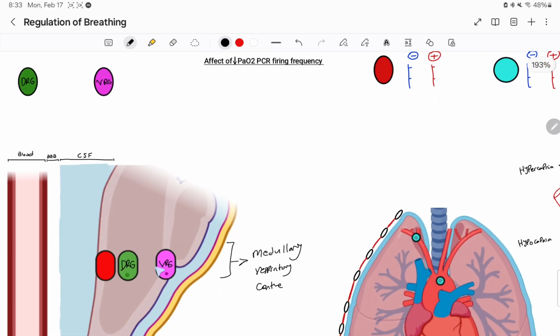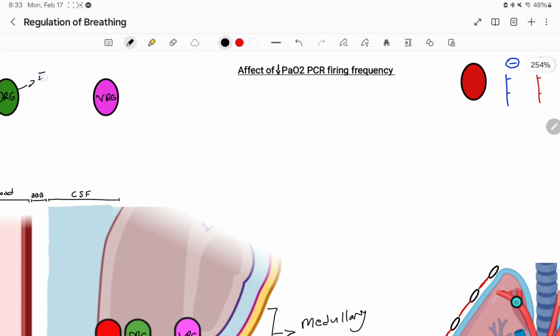Now, these guys right here, I said that they're just a group of neurons. But what kind of neurons? Are they inspiratory neurons? Are they expiratory neurons? Well, the DRG is mainly going to be inspiratory neurons, okay? Whereas the VRG has both inspiratory neurons and it has expiratory neurons as well. So that's interesting.